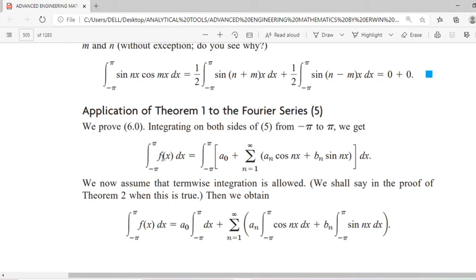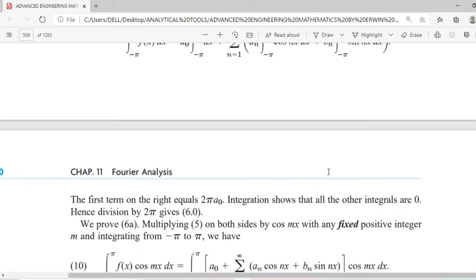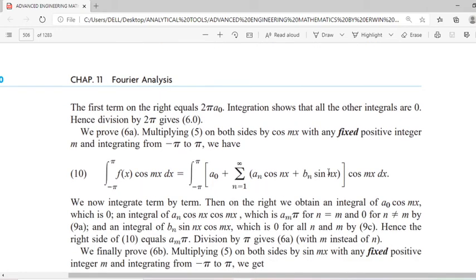So you can integrate the Fourier series expression, that is the integral from minus pi to pi of f of x dx equal to the integral from minus pi to pi of the Fourier series expression dx. You can take the integration inside, so that step is given here. So what will be the result?